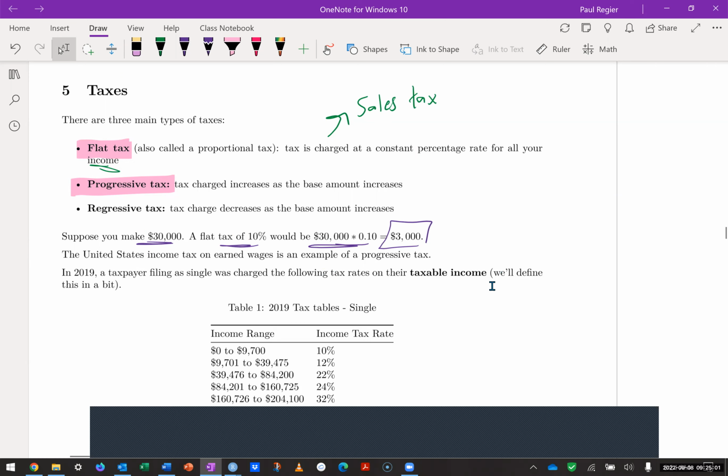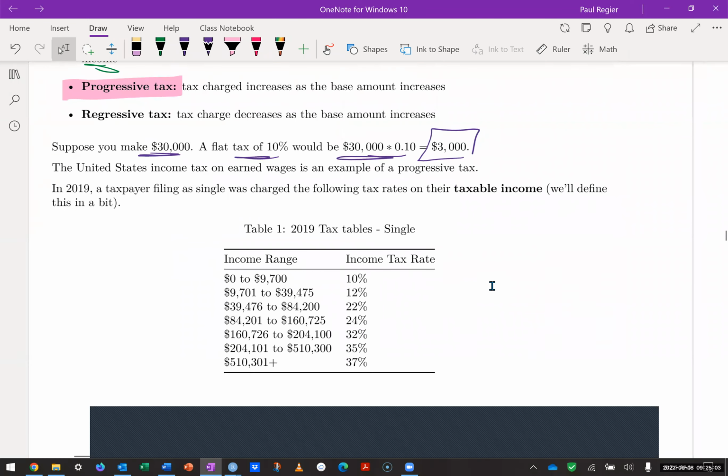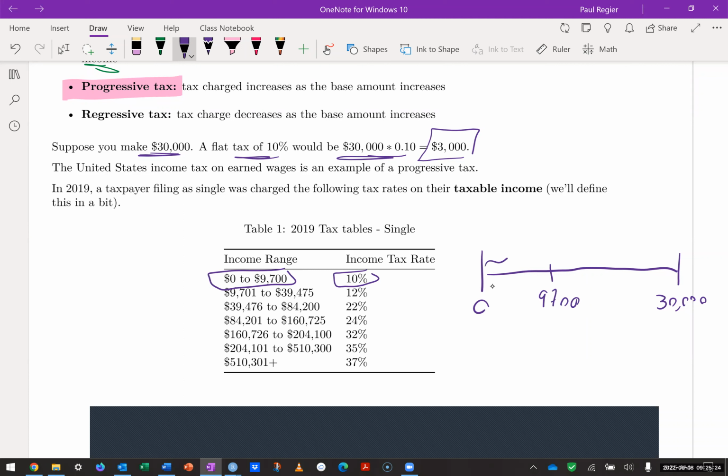So here's what happens with the progressive tax. You make 30,000. Let's plot that out. Okay, here's your 30,000. If that's the full amount of money, 0 to 30,000, you're only charged 10% on the first 9,700. So say 9,700 is right here. This portion of income is charged 10%.